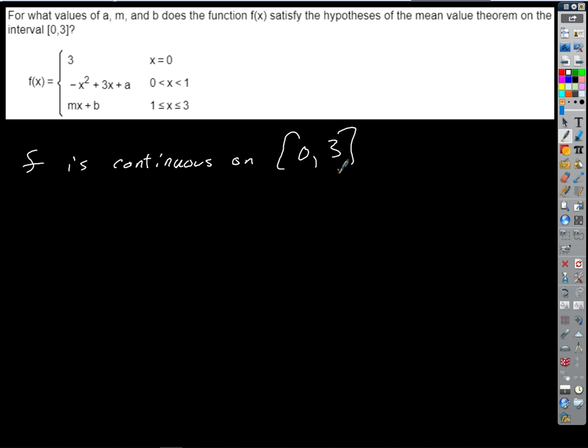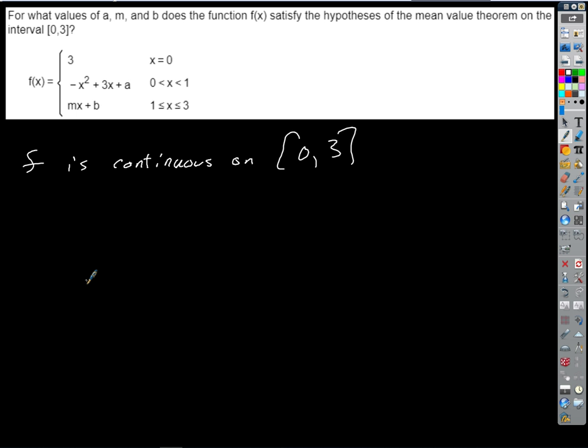Agreed? So then what about between 0 and 1? What does the limit of f of x as x approaches 0 from the right have to be? Because think about this. Look, the top piece of this function is what's happening at the x value 0. The middle piece of the piecewise function is where the function's defined when x is between 0 and 1.